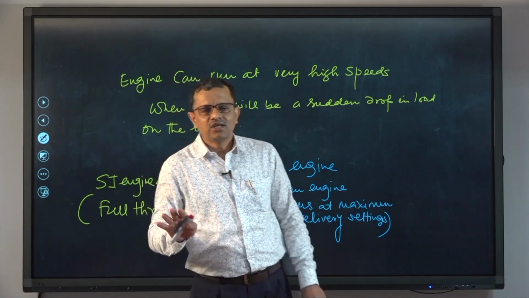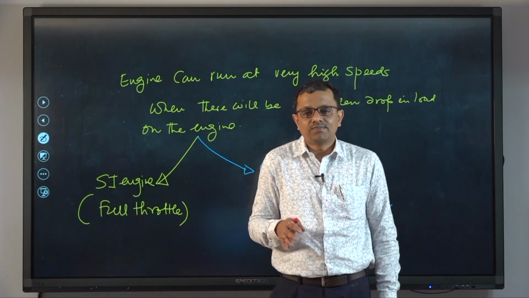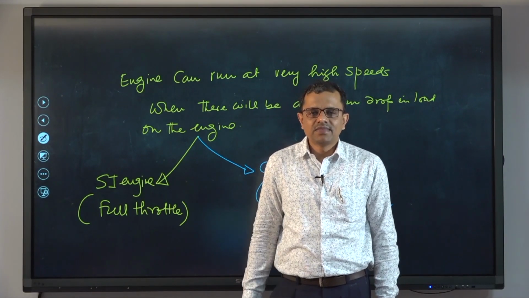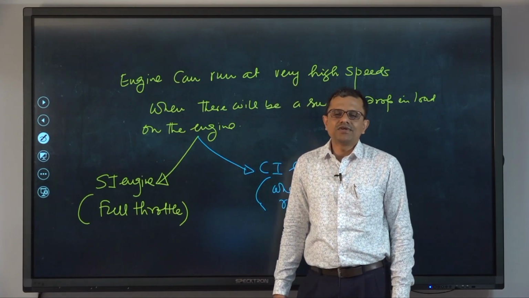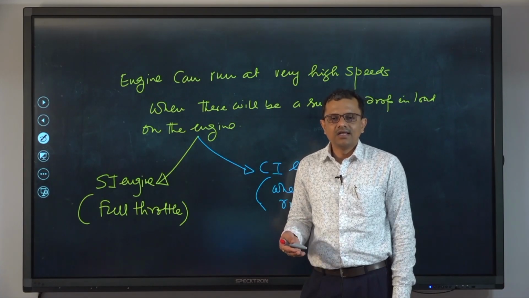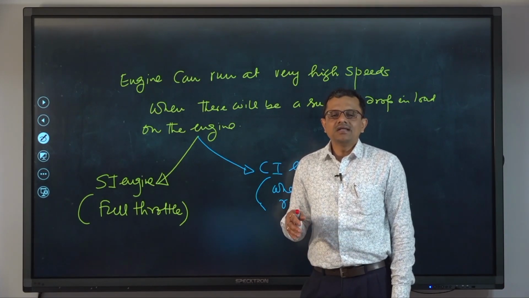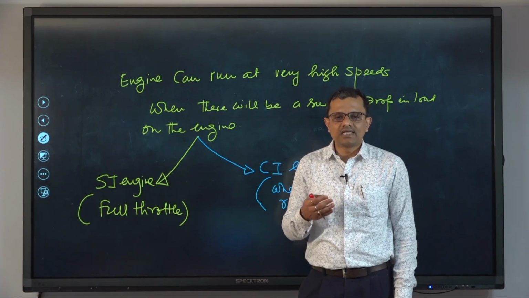The question is, so long as the engine is an SI engine, compression ratio is small and the engine is not bulky, still it is manageable. But the problem is with the diesel engines, because for diesel engines, as I said, compression ratio is higher, the engine is bulky, and the construction of rotating parts is also bulky or heavy.